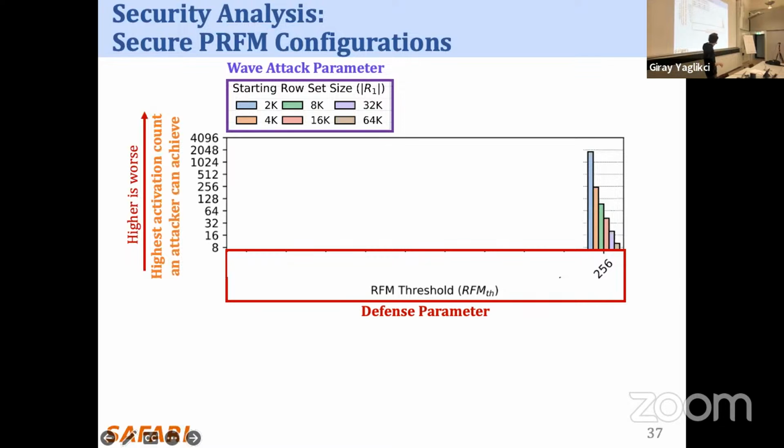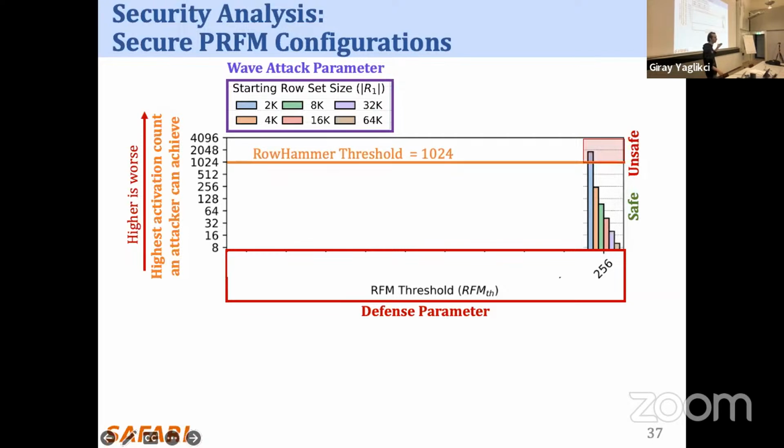Let's assume that we configure our system with an RFM threshold of 256, and our system has a RowHammer threshold of 1000. We consider the bars that are below this line safe, while any bar that exceeds this line is considered unsafe. For a system to be secure against an attacker, all bars for a given configuration must remain below that line.